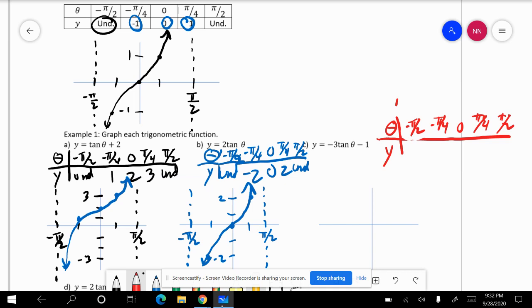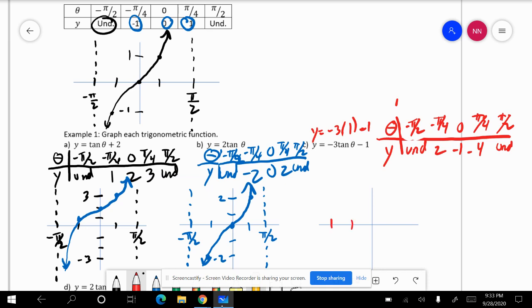So we have our first one being undefined, our last one being undefined. Then we plug in a negative 1, and that gives us positive 3 minus 1 is 2. Then we plug in a 0. 3 times 0 is 0, minus 1 is negative 1. Then we plug in a 1. Negative 3 times 1 is negative 3, minus 1 is negative 4.